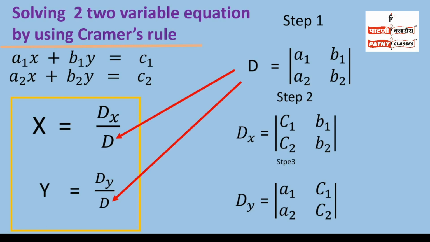That is, Dy equals determinant of a1, a2 and c1, c2. After that, we find the x value and y value using the relation shown in the yellow box. That is, x equals Dx upon D and y equals Dy upon D. Thus, x and y values can be obtained by using Cramer's rule.